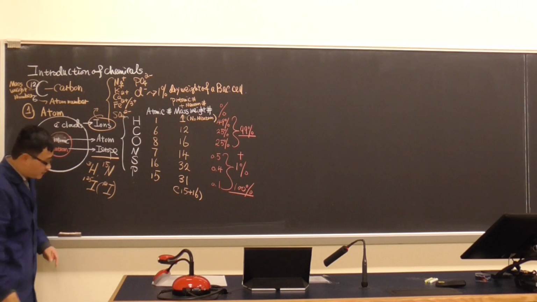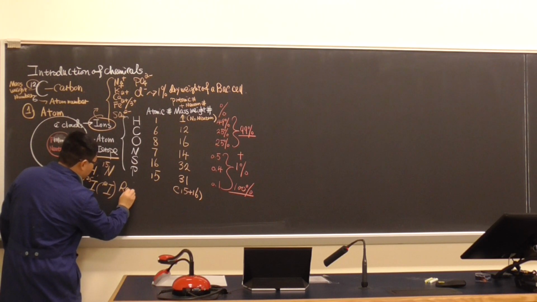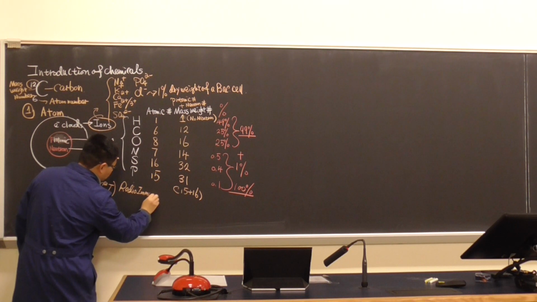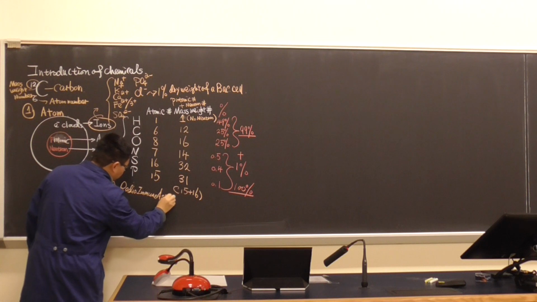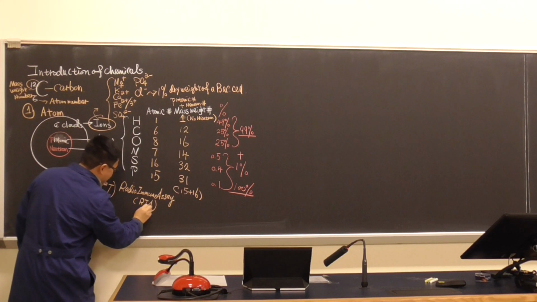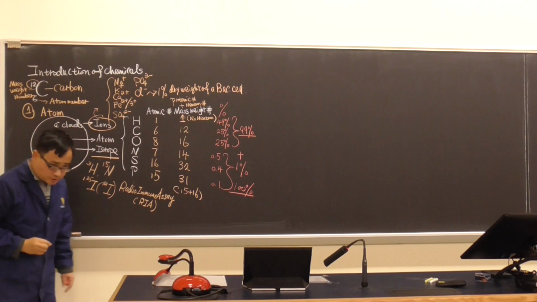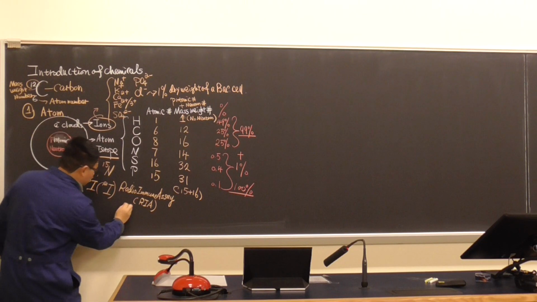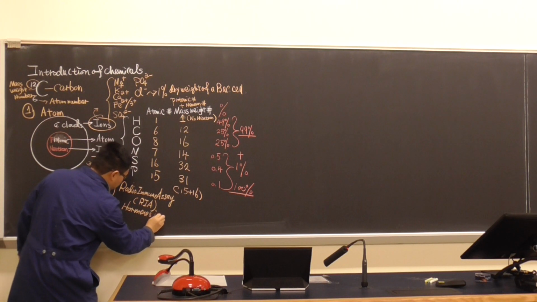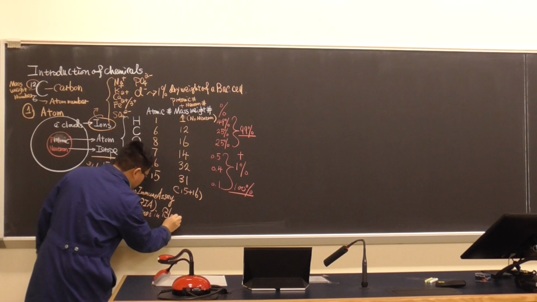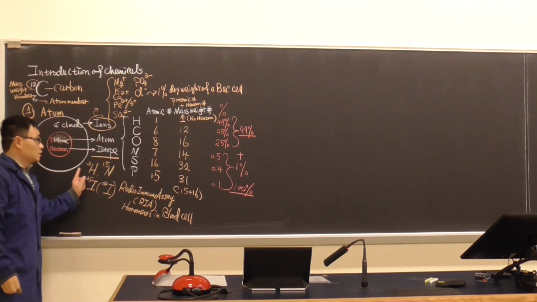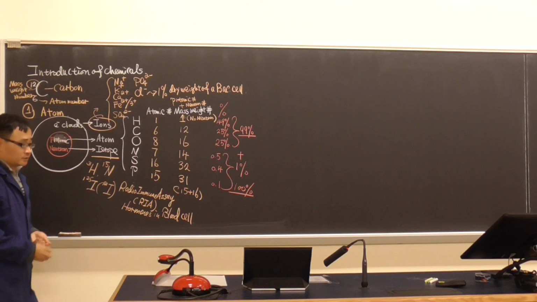Iodine 125 is used for radioimmunoassay, called RIA, and this method 20 to 30 years ago was very popular for testing all the hormones in the blood. Okay, so these are the things we talked about.